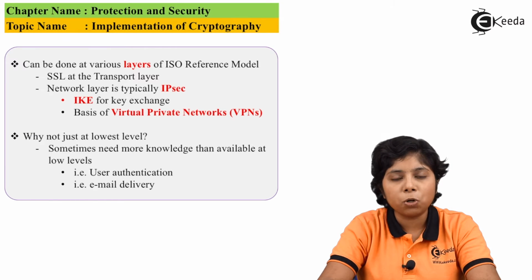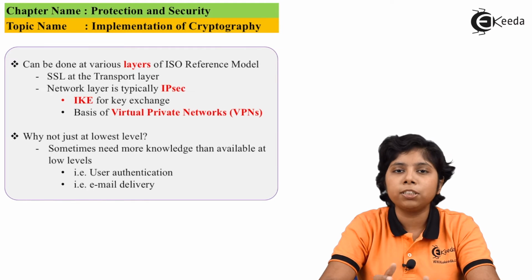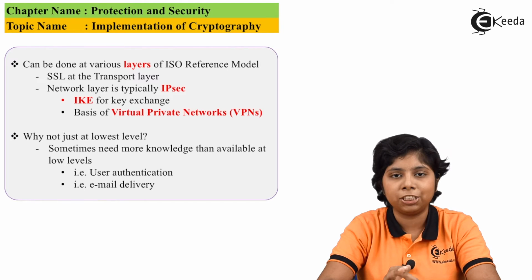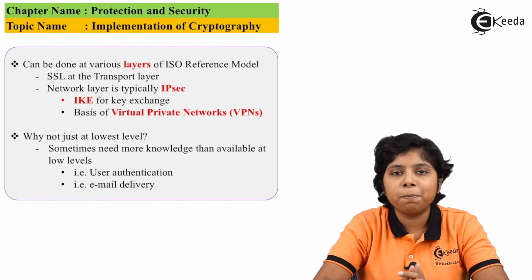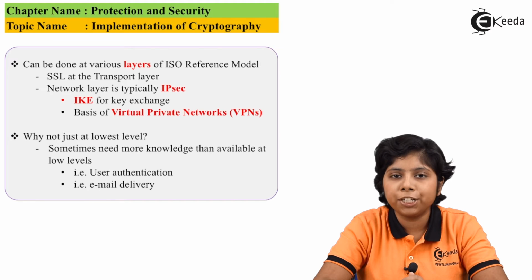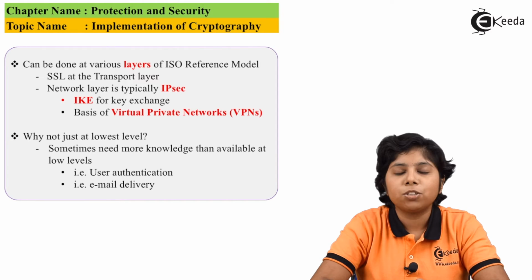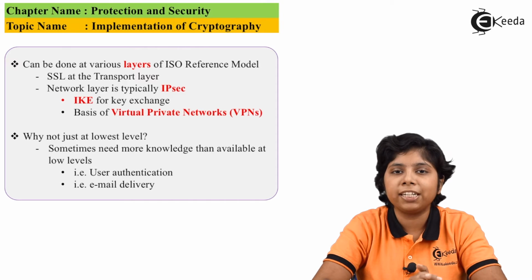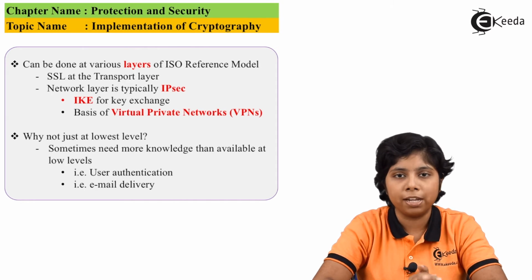But these lower level protocol encryptions are not supported by higher level protocols, like the transport layer or the application layer of a session. IPsec needs to put authentication information inside it, so it cannot be done in the application and session layers, because this authentication has to be done at the lower level.